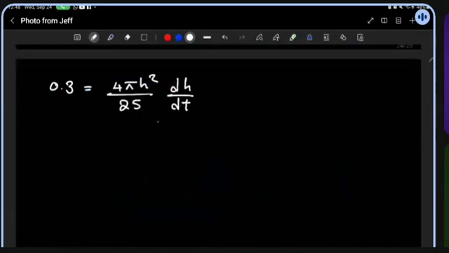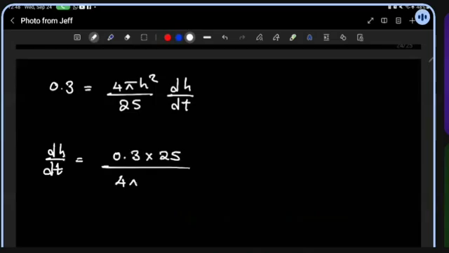So when we cross multiply, dh/dt will be equal to 0.3 times 25 over 4 pi h squared. We're looking for this rate at a given point when h is equal to 5 meters.